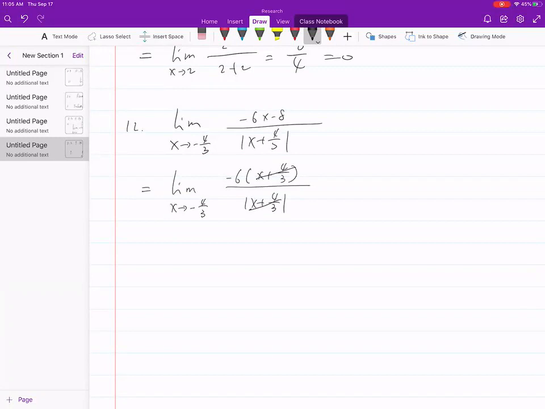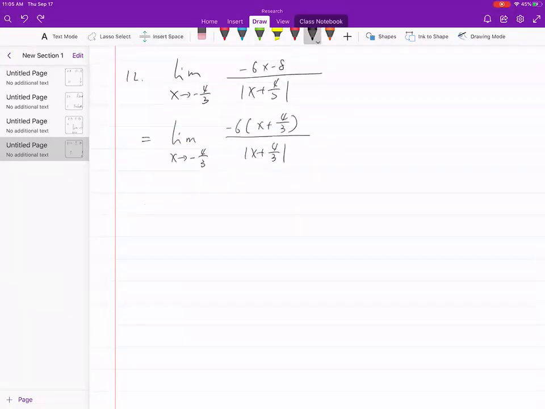Cool. The only thing stopping you from doing that is you have an absolute value. So let's remove the absolute value. This one is going to have two possibilities. It's either this, or this.